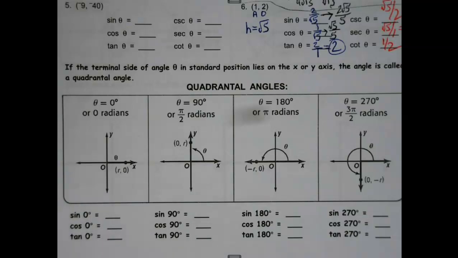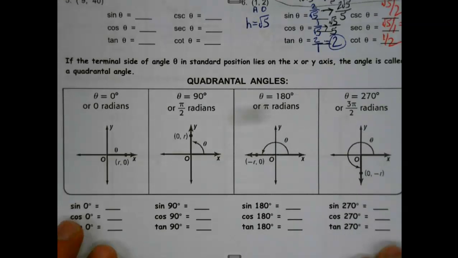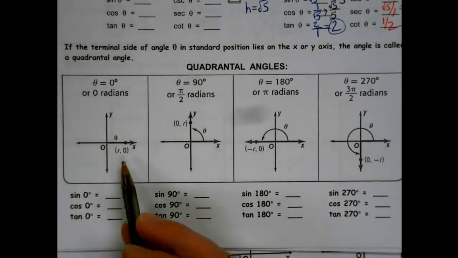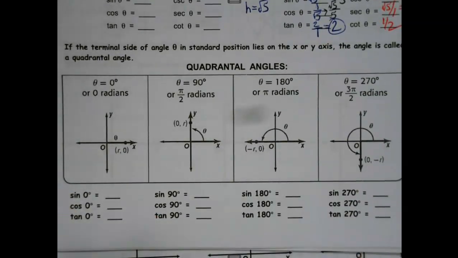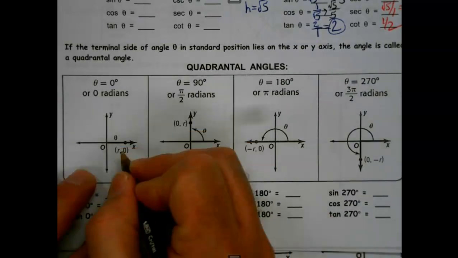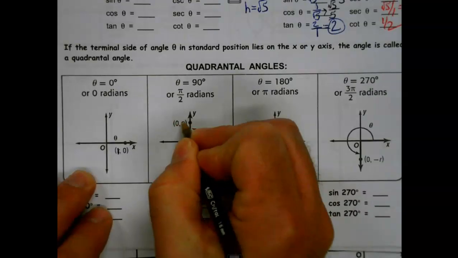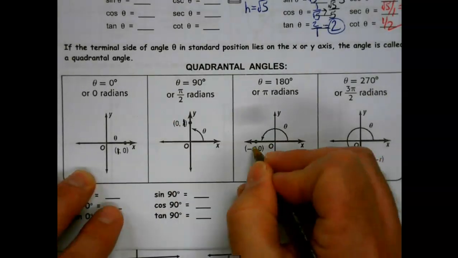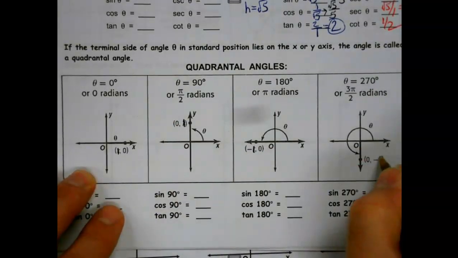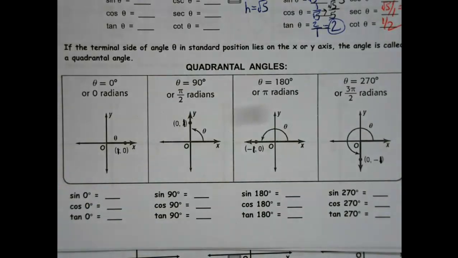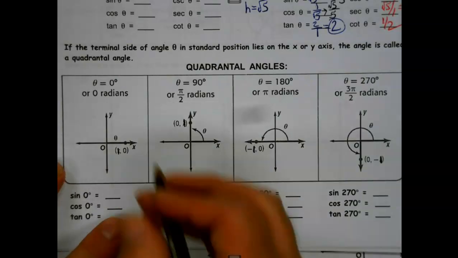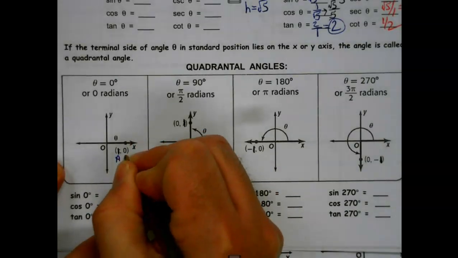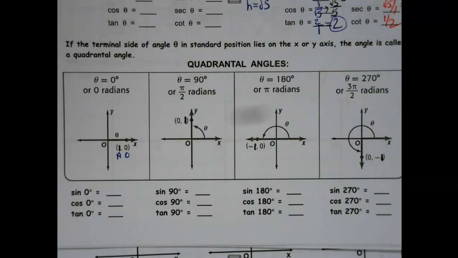So, here's the way I want you to think of this. When you're looking at these, I know this says R, but I'm going to actually change values to make it a little more concrete. We're going to look at all these R's as though they're ones. We're going to make this like a unit circle. So by doing that, I'm looking at this and I'm saying, okay, this is still adjacent, this is still opposite.